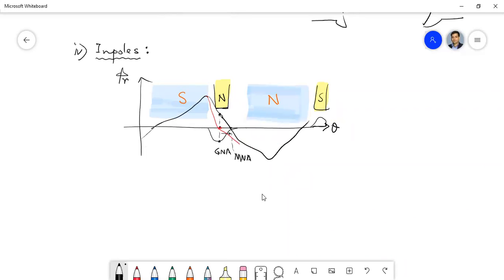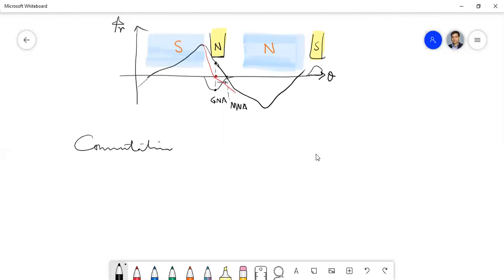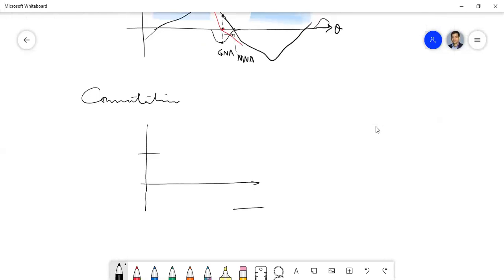Now I have already told you that if we consider the inductance, then we don't have the linear commutation.